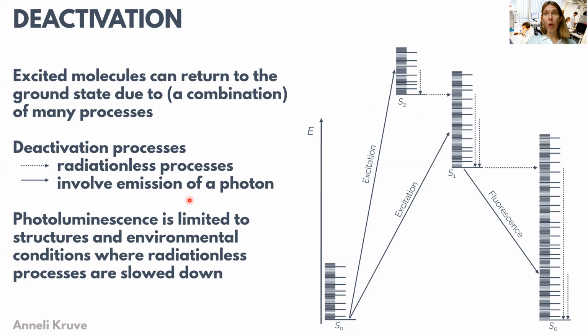The radiationless processes we denote by these dashed arrows, and the processes that occur via emitting a quantum we denote with these solid line arrows.